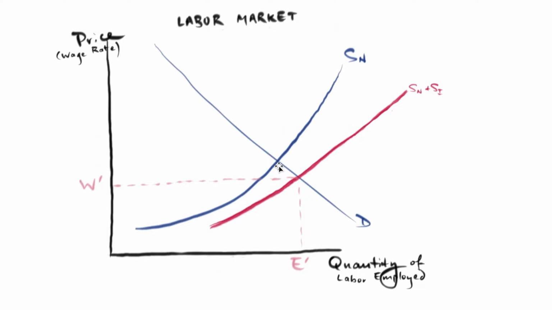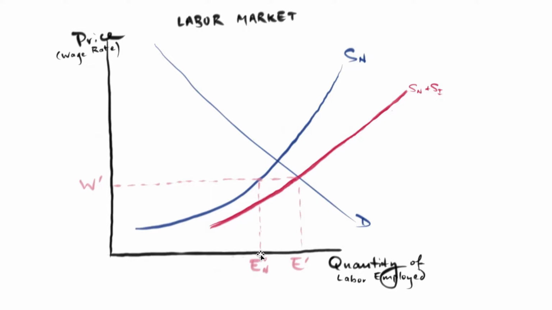So if we want to know what has happened to employment of native workers, the supply curve for the native workers tells us that the number of natives willing to work at W prime, this new wage, is EN prime.